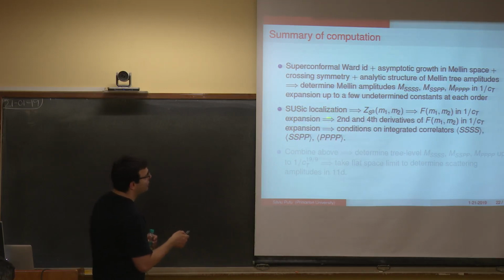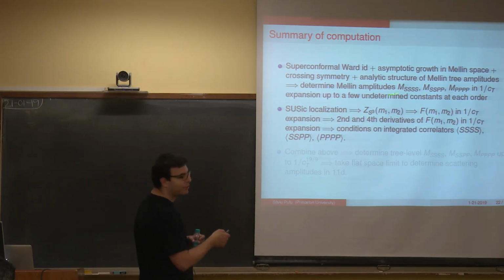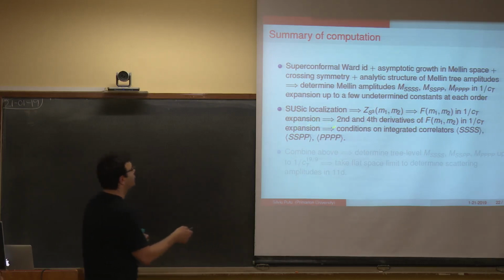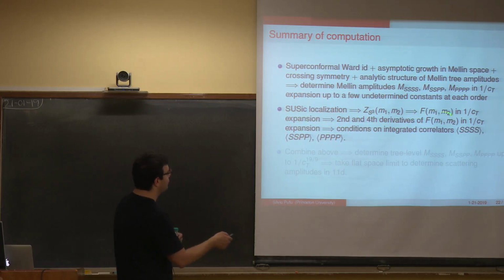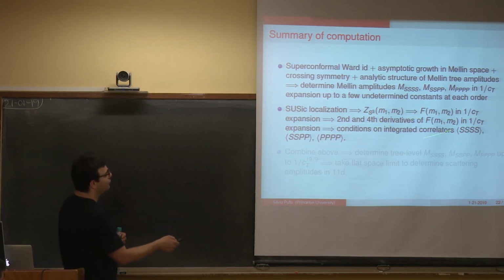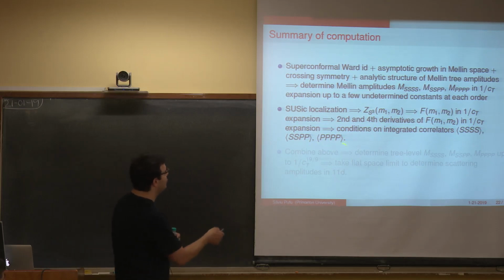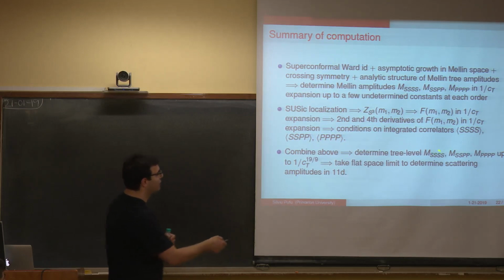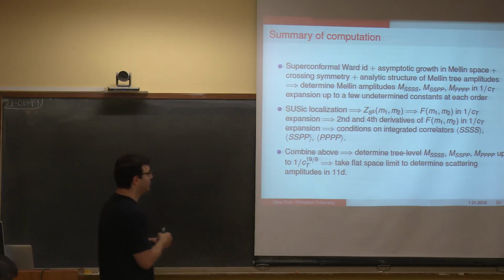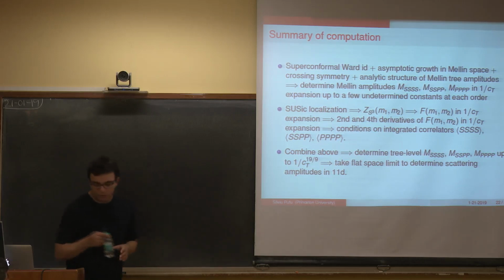With supersymmetric localization, we can compute the S3 partition function as a function of the masses, extract the free energy in the 1 over CT expansion, and then evaluate the second and fourth derivatives of the free energy with respect to the masses, and those give conditions on the integrated correlators SSSS, SSPP, and PPPP. If we combine everything, we can determine SSSS, SSPP, PPPP up to order 1 over CT to the 19/9. And then we can take the flat space limit and determine scattering amplitudes in 11 dimensions.